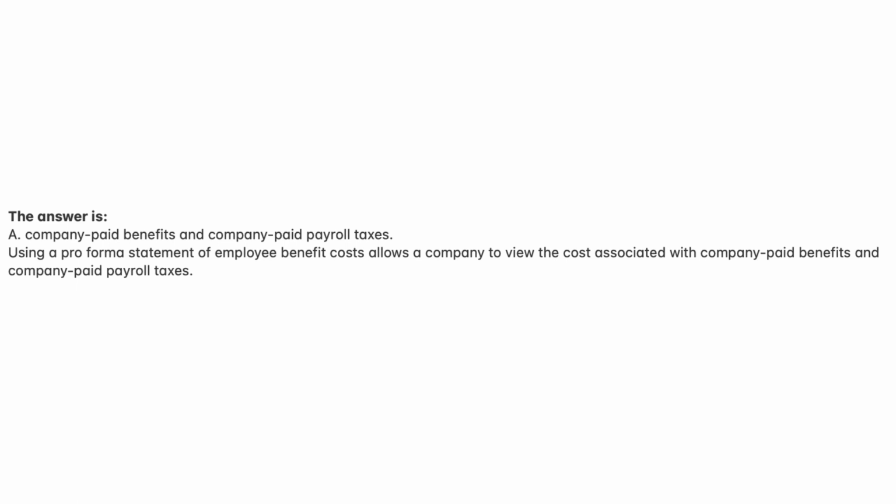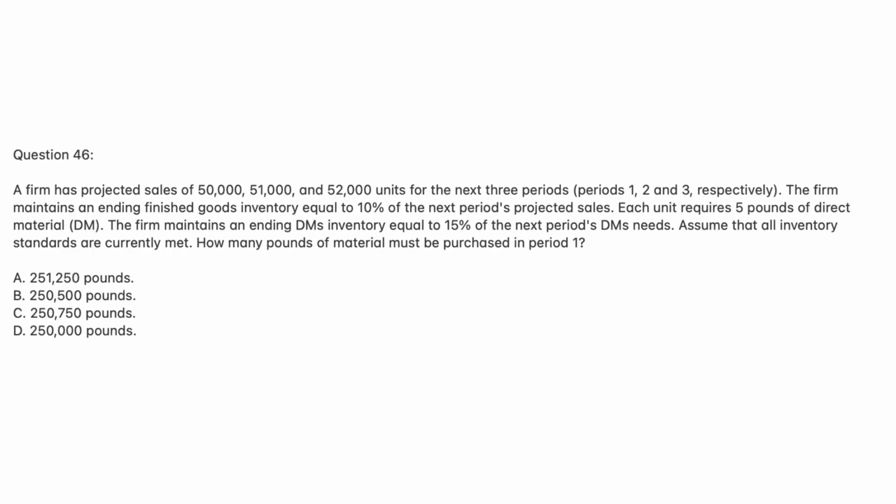Using a pro forma statement of employee benefit costs allows a company to view the cost associated with company-paid benefits and company-paid payroll taxes. Question 46. A firm has projected sales of 50,000, 51,000, and 52,000 units for the next 3 periods, periods 1, 2, and 3, respectively.